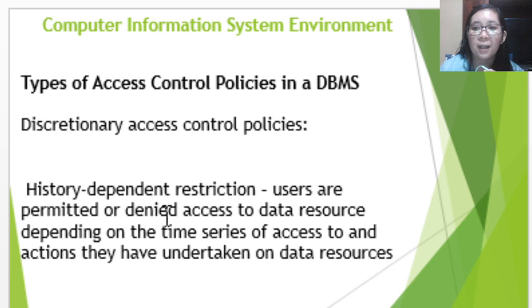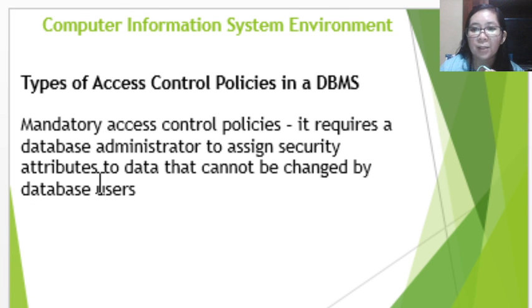And history-dependent restriction, where users are permitted or denied access depending on the time series of access to and actions they have undertaken on the data. So all of this will have restrictions or limits on the users on how they access and use the information in the database.